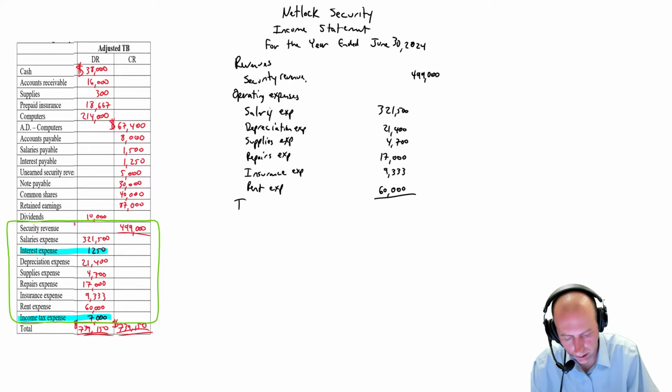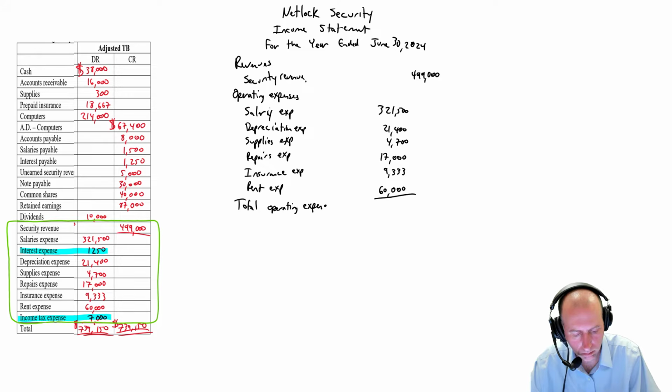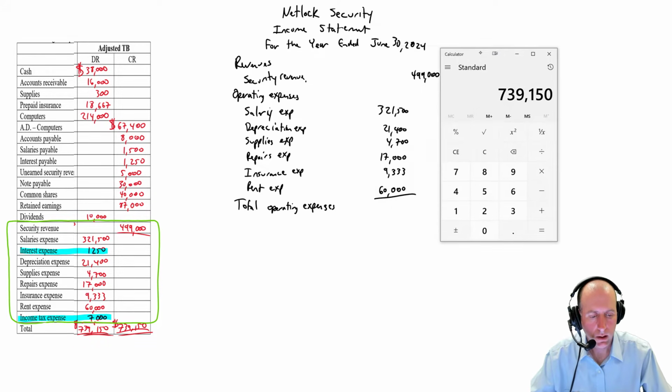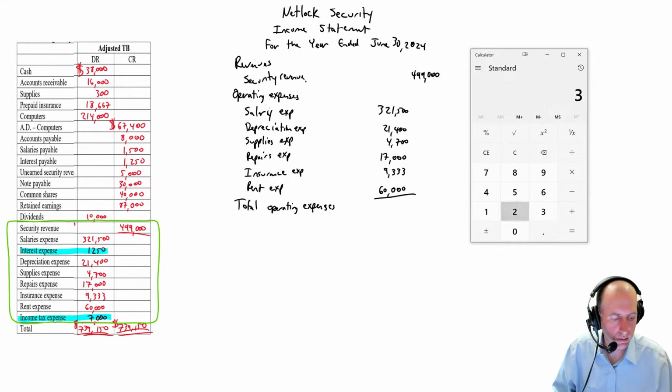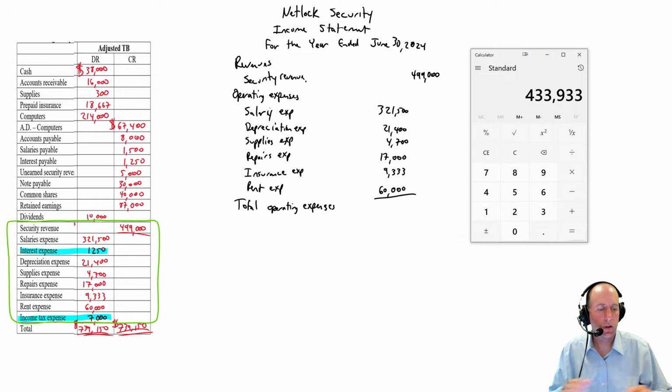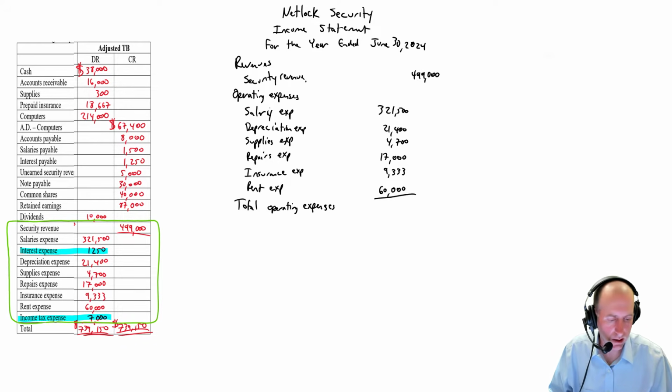Our total operating expenses is our $321,500 plus $21,400 plus $4,700 plus $17,000 plus $93,33 plus $60,000, $433,933.